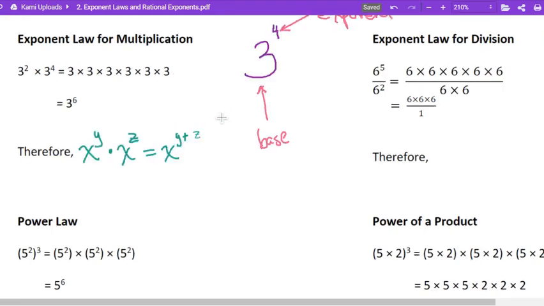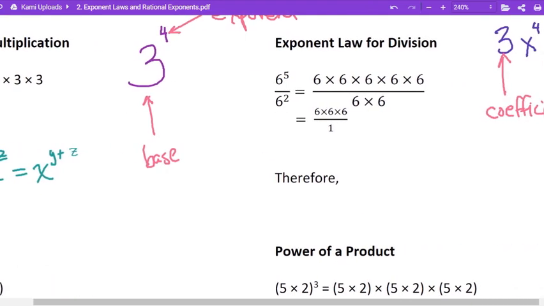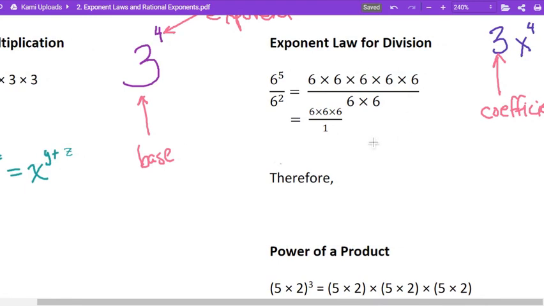Okay, is that good? All right, similarly, the exponent law for division tells us that when we have y to the power of w over y to the power of x, what will be the generalized statement? So we're dividing identical bases.